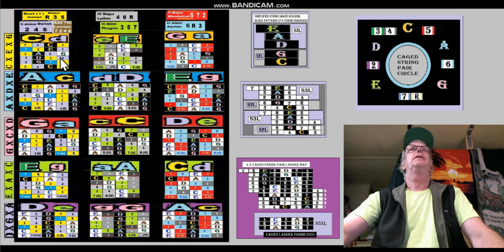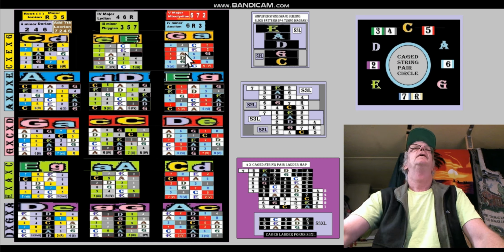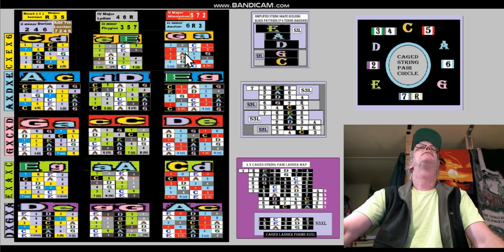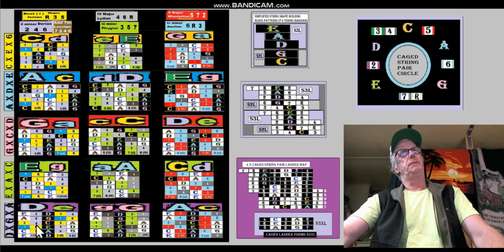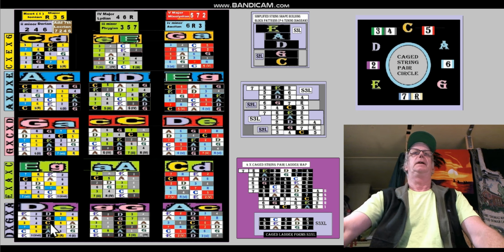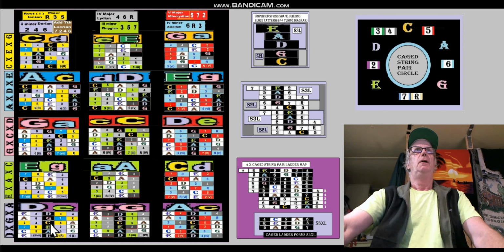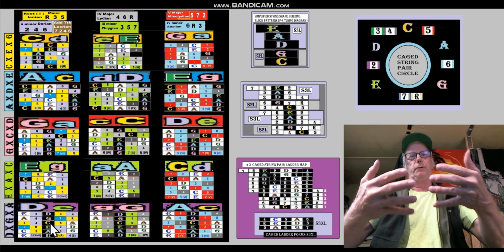So these are not fretboards. The only way to make these into fretboards would be to take each one of these columns and rotate them 90 degrees and put them together and make a fretboard.